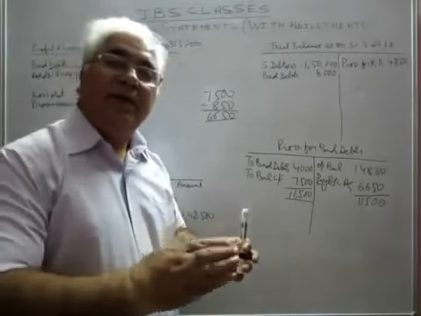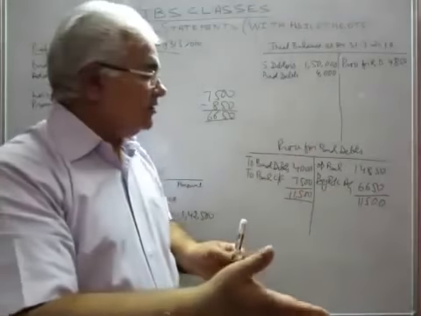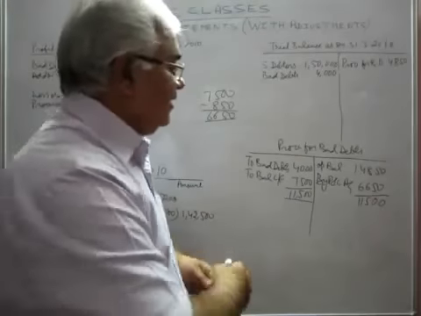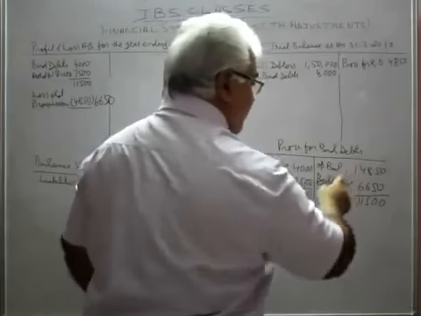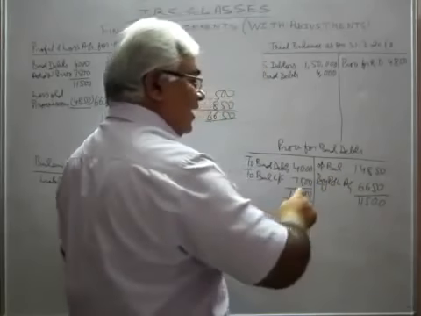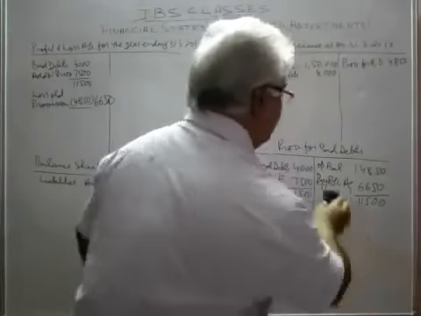Then the difference should have been credited to profit and loss account. How much would you have done it? 14,850, okay, and let me show you.